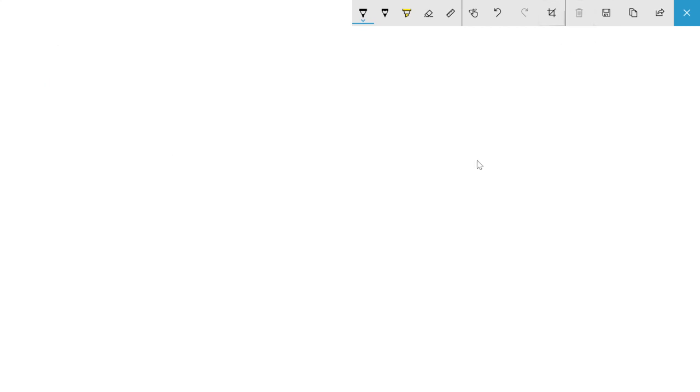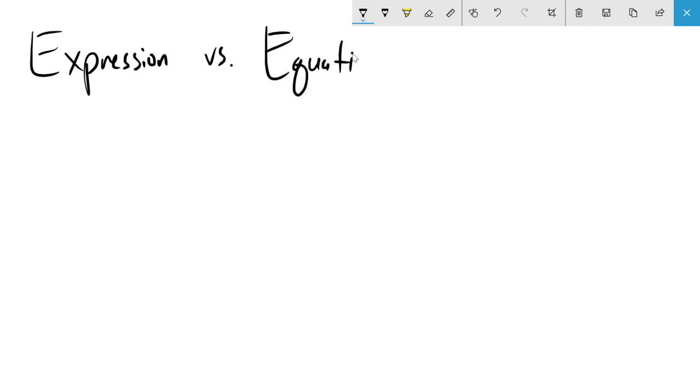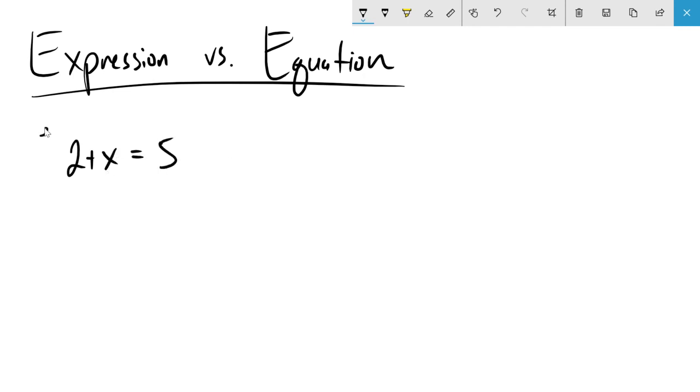Okay. Now, in part 3, what I wanted to look at here is what's the difference between an expression versus an equation. So I had two things right there. I have 2 plus x equals 5, and then I gave you the other one, which was x minus 7. So which one's which?